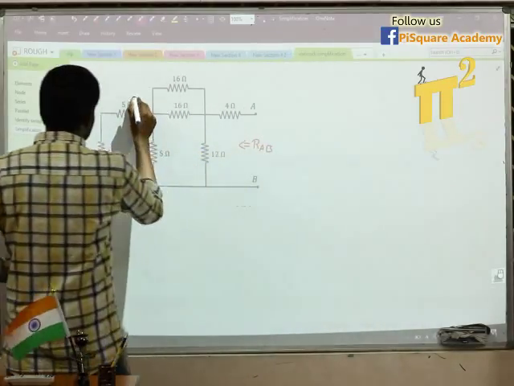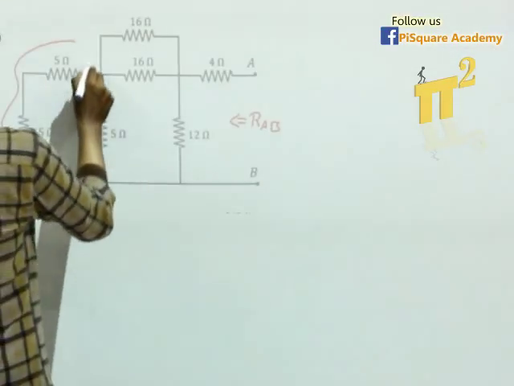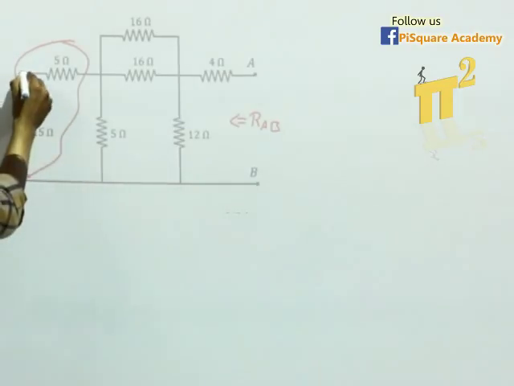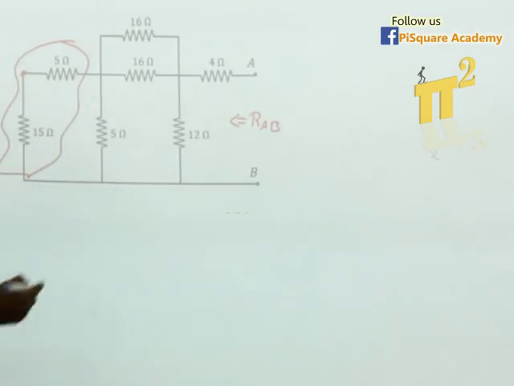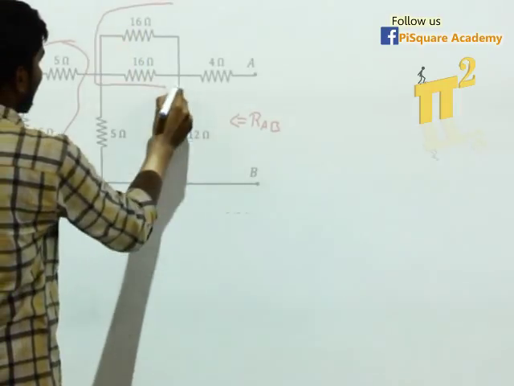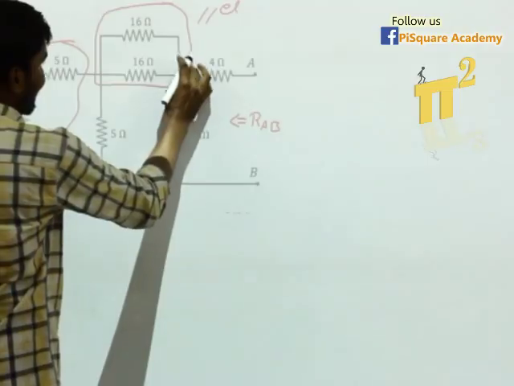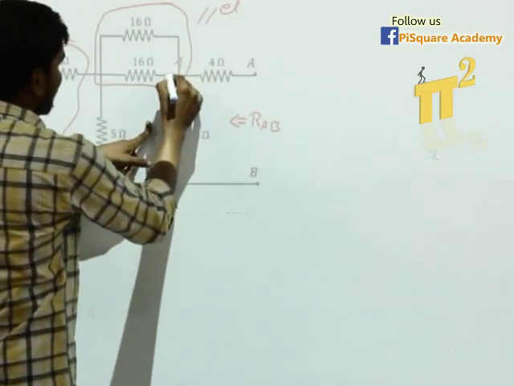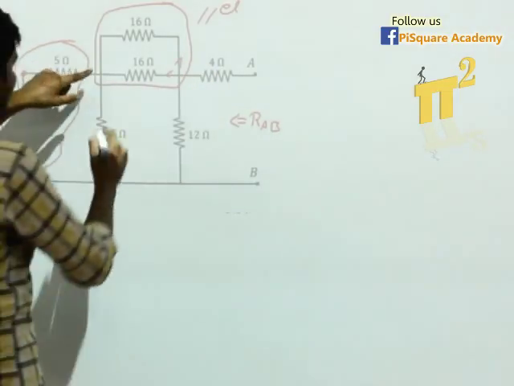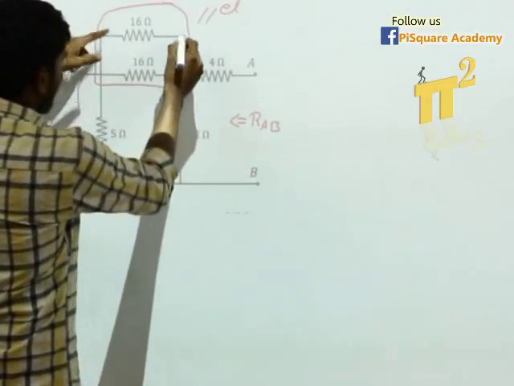Now let's see. These two are in series because the degree of the node is 2, and these two are in parallel because current gets divided and they have the same node.